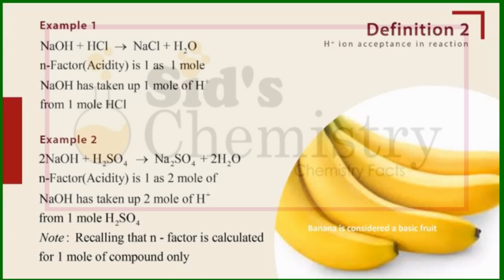It means 2 moles of NaOH took up 2 moles of H plus, so 1 mole of NaOH took up only 1 mole of H plus, and therefore n factor comes to 1. Recall that n factor is calculated for 1 mole of compound only.